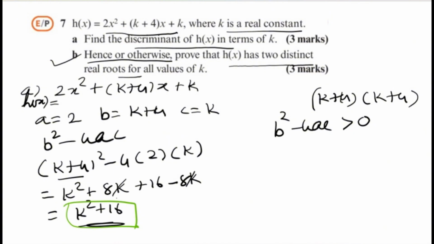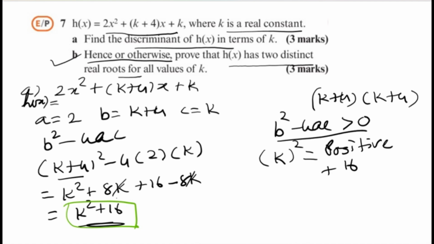Now as you can see here, k squared, that means for any negative value of k, when you square it, it always gives a positive number. And then you are adding 16. That means positive plus 16 always gives a positive number. That means k squared plus 16 is always greater than 0. That means this has two distinct real roots for any k.